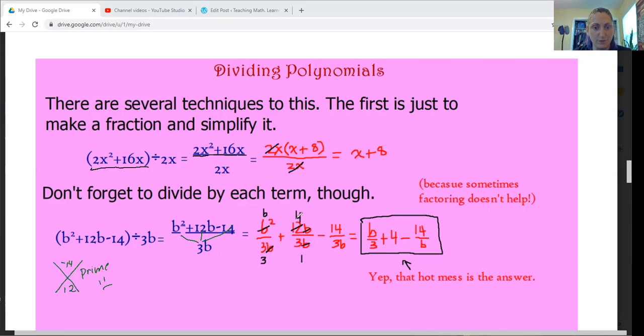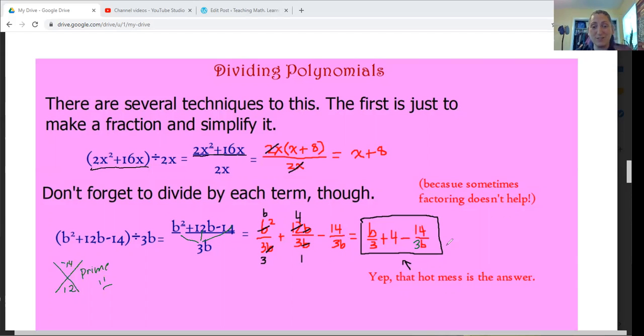12 and 3 cancel into 4, and the b's are gone, so it's just plus 4. And then we have 14 over 3b. That's not 36, it's 3b. So we have b over 3, nothing gets canceled there, and then plus 4, minus 14 over 3b.